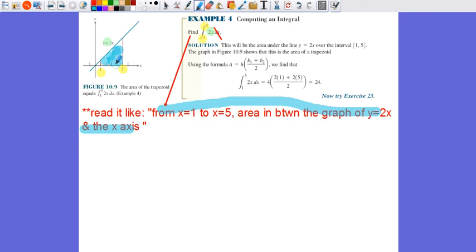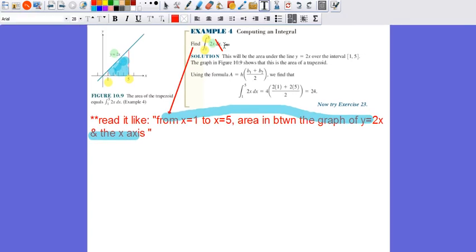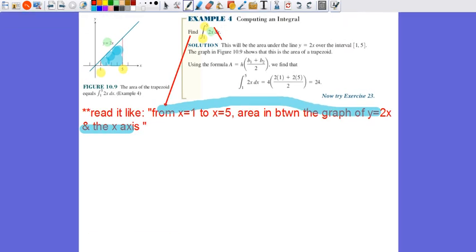Now let me turn your attention to something else. Let's say they had that same squiggle, but they wrote x squared here, or negative x squared, and let's go negative x squared plus 4.